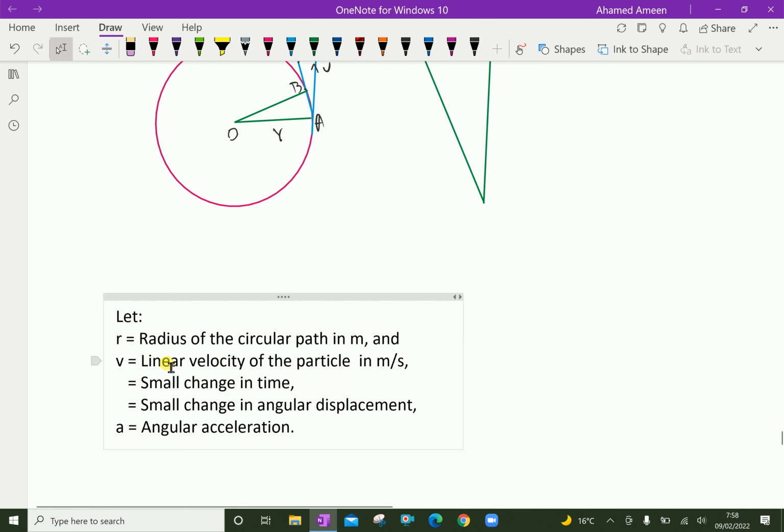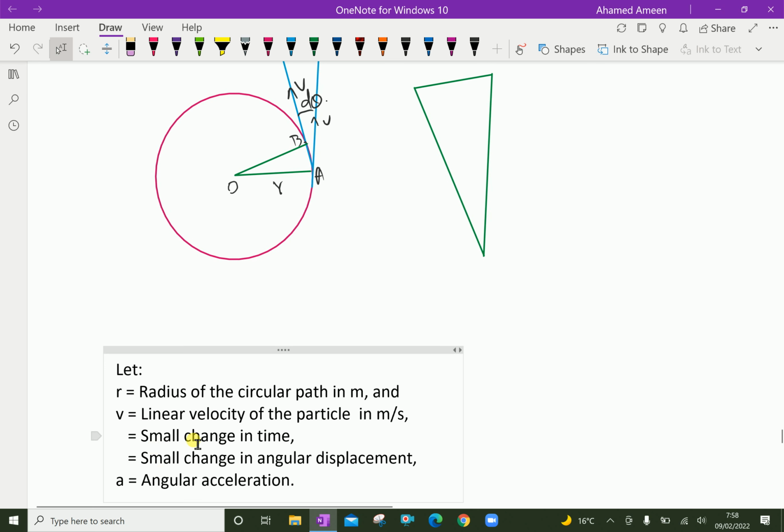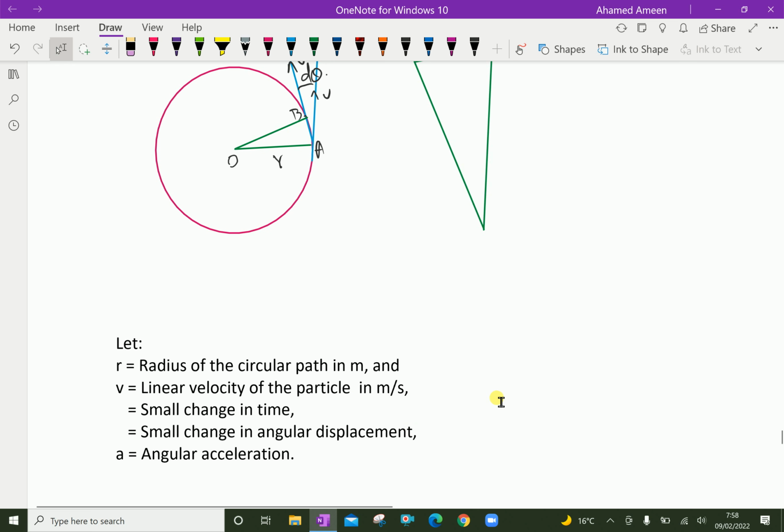Let R be the radius of the circular path in meters, and V the linear velocity of the particle in meters per second. Delta T is a small change in time, and delta theta is a small change in angular displacement.